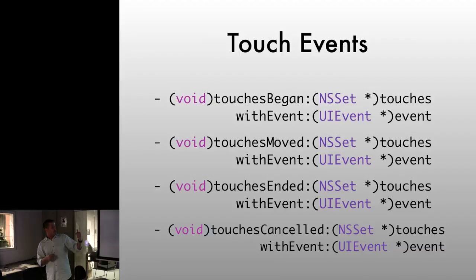Touches ended is pretty obvious. It's when the finger comes up. Touches canceled usually gets called in sort of some esoteric situations. It's when, for example, the user gets a phone call or a text message, and all of a sudden your control of the UI is lost, so therefore your touch doesn't make any sense anymore.